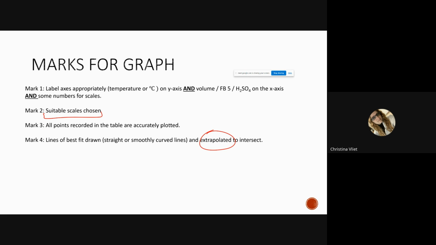Concentration equals moles divided by... Can you please?